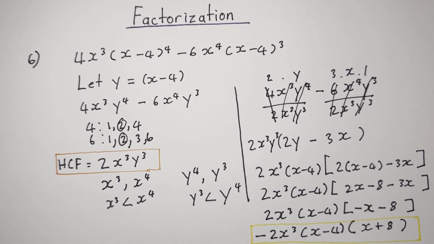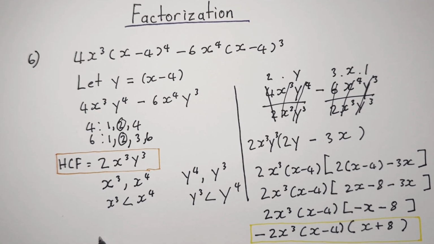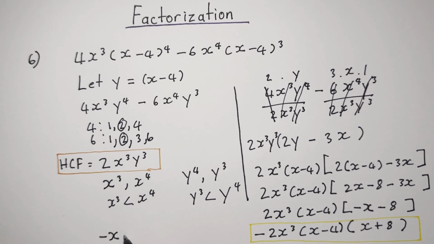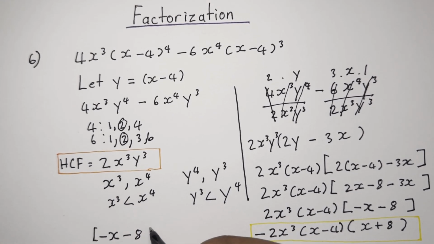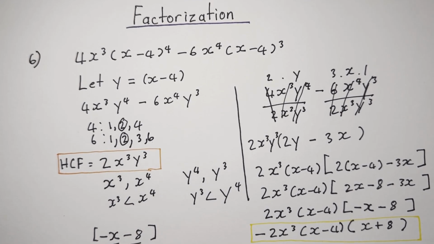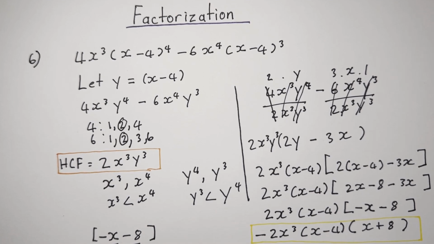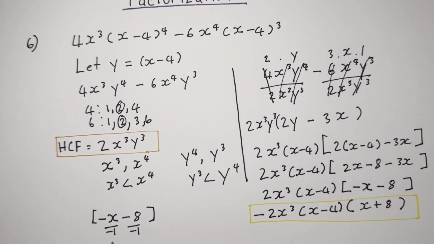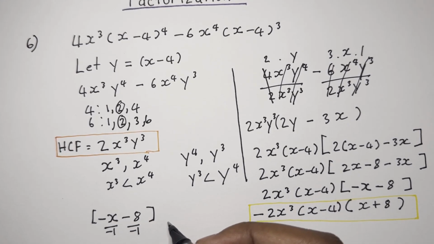And feel free to pause the video and try to understand the steps. And note, when I had negative x minus 8, I simply factored negative 1. So I divide all of this by negative 1. Negative 1 into negative x gives us positive x.